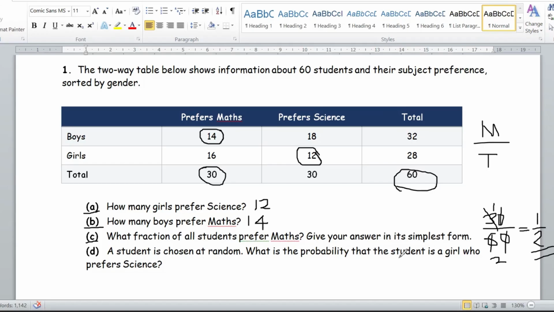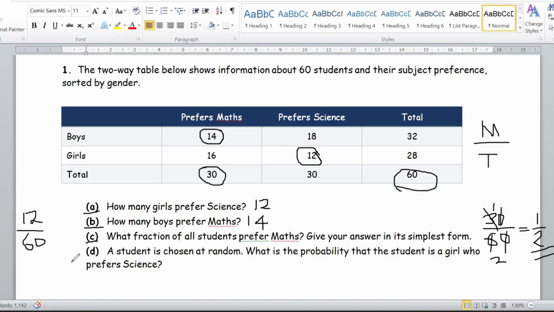The probability that the student is a girl who prefers science, and from the table the number of girls that prefer science is 12. So we would have 12, and then the total number of students is 60.